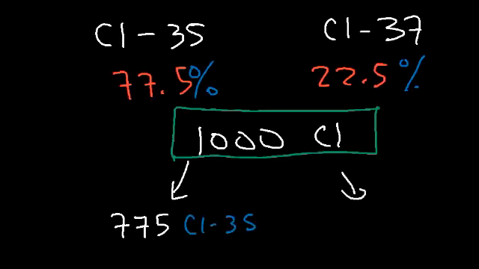The other 225 would represent Cl37. So out of 1,000 atoms, 775 of those atoms are the chlorine 35 isotope. The other 225 are the chlorine 37 isotope.